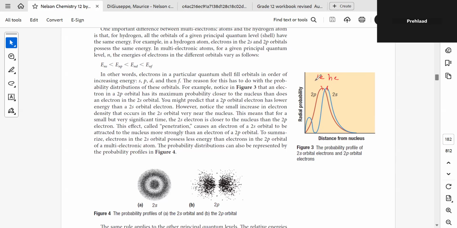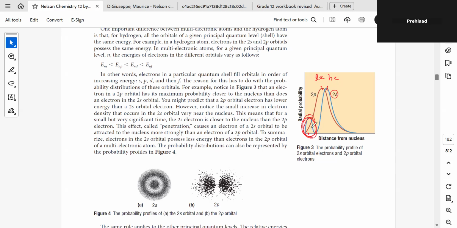But what the author is trying to say is, if you observe, there is a small peak over here, which is closer to the nucleus. So that means that your 2s electron spends relatively more time near the nucleus.